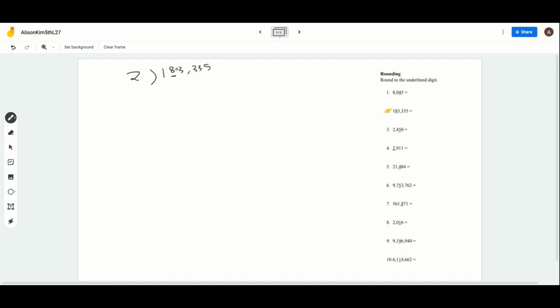As we can see here, the number on the right, which is 3, is less than 5, so we're going to have to round down, which means that all these numbers behind 8 turn into zeros, and the 8 just stays as an 8. So it's just going to turn into 180,000.